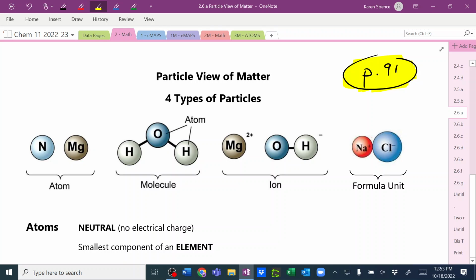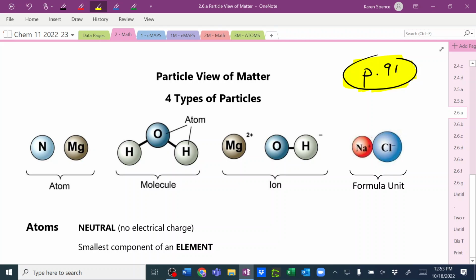That's a sad thing. All right, 4 types of particles. We're not including subatomic particles here, which of course are the protons, neutrons, electrons. We're just talking about things that are atom-ish size. So we have obviously atoms.